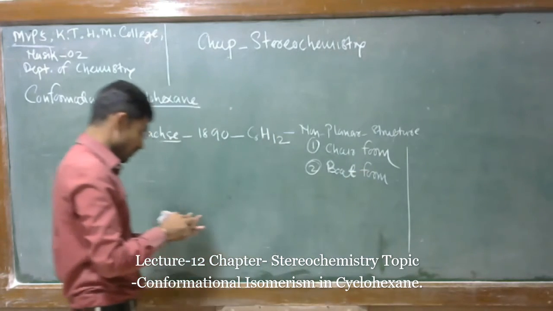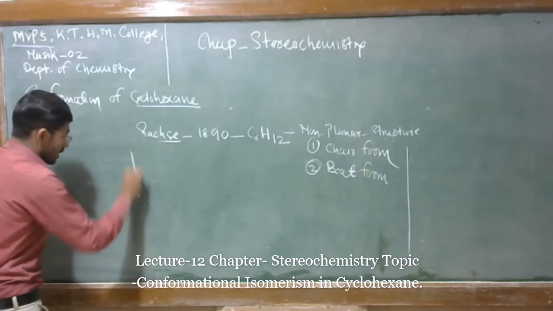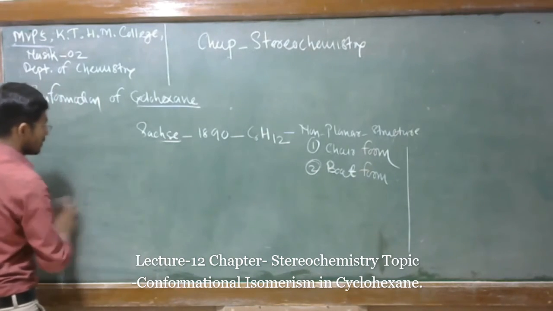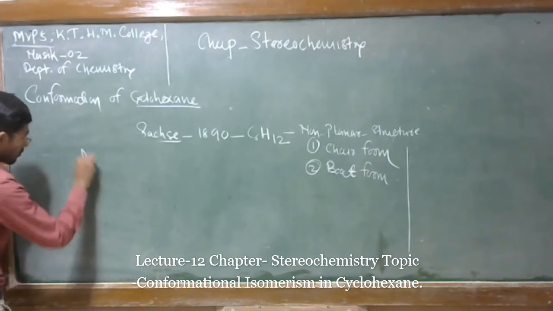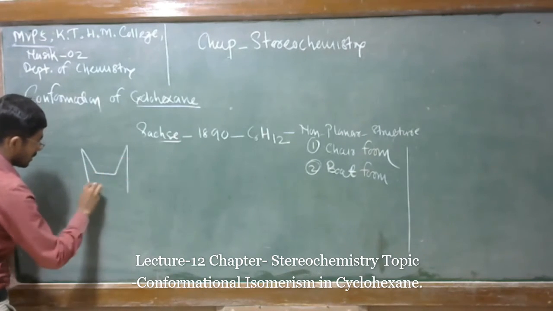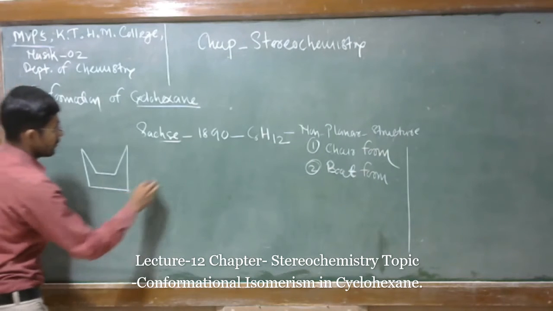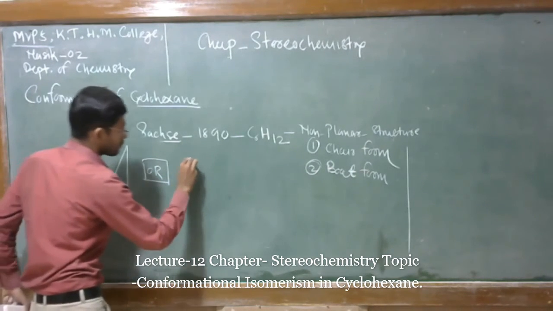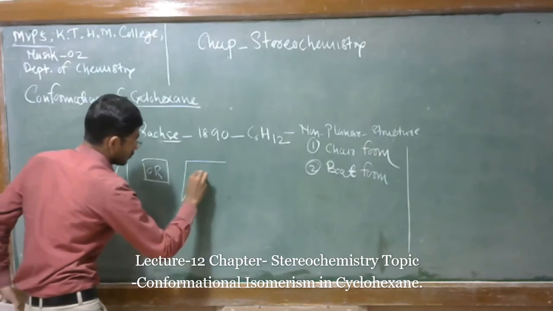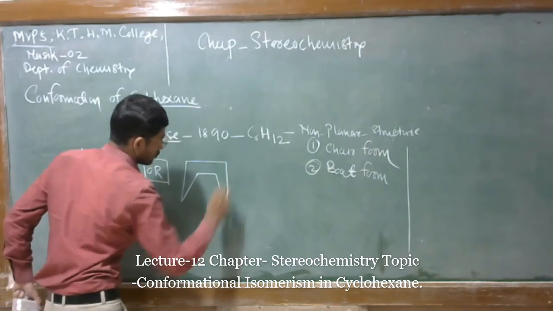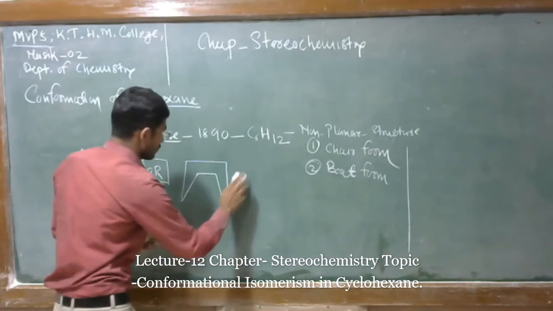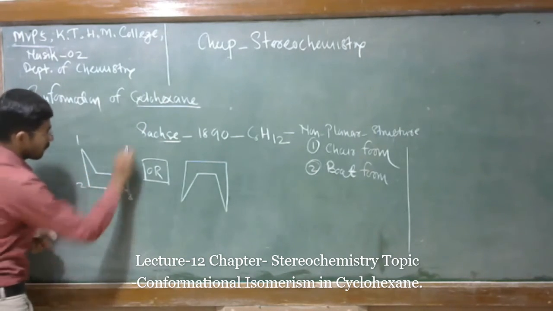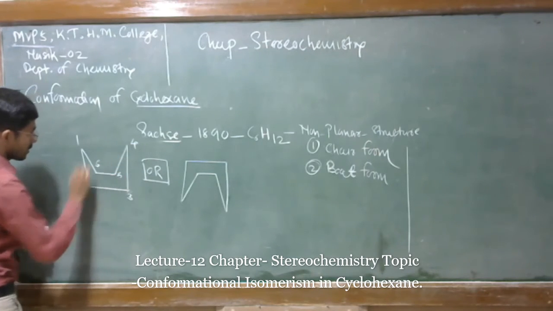So the boat form: when the chair form is converted into the boat form, we can write the two boat forms like this, and also the second boat form, numbered 1, 2, 3, 4, 5 and 6.